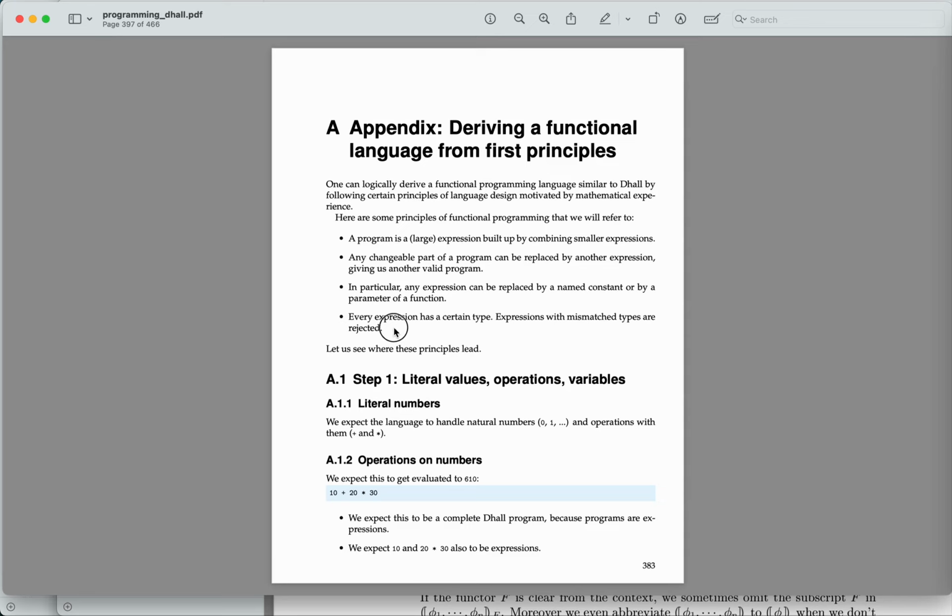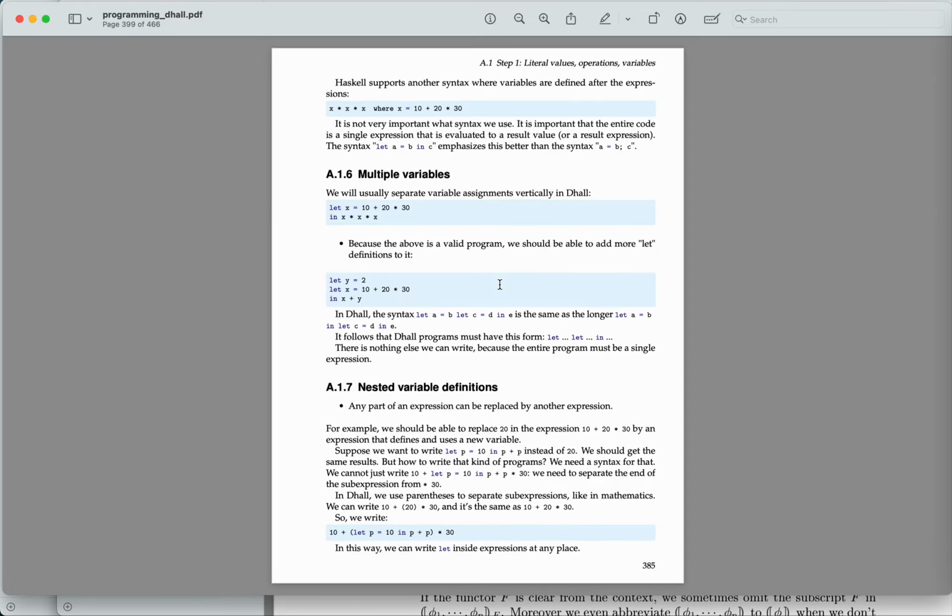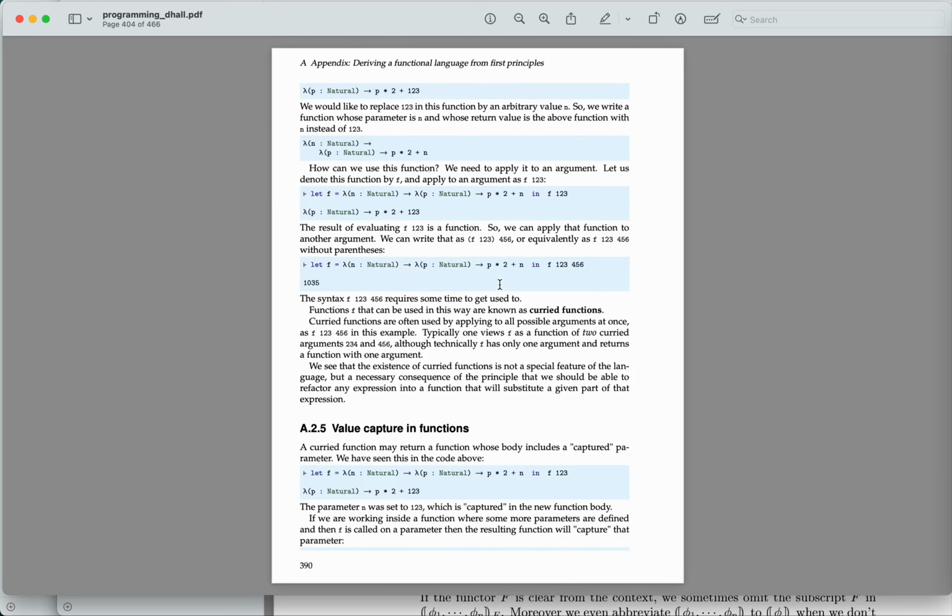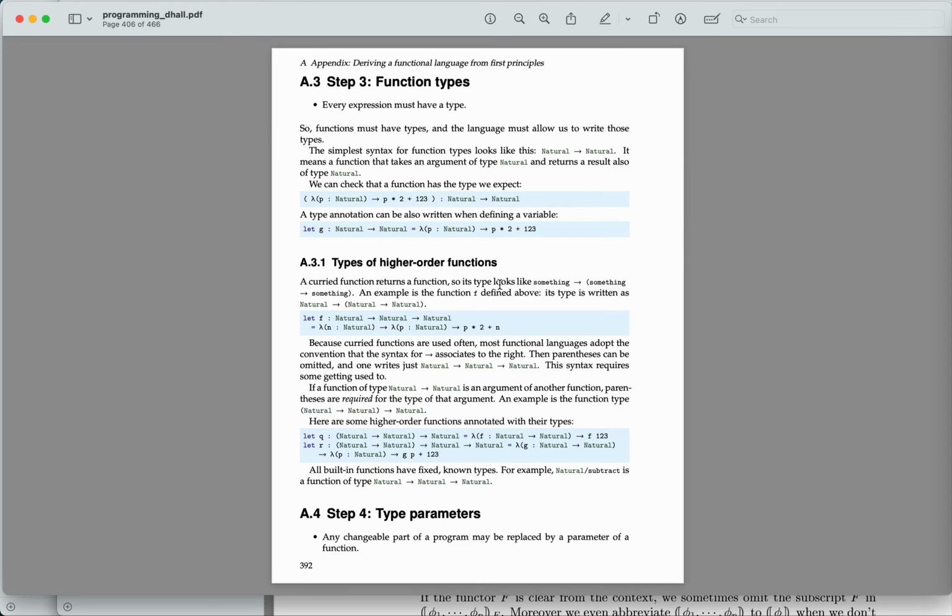And finally, every expression needs to have a certain fixed type, so the type must be known before evaluating the expression. And you need to reject expressions whose types you have determined to have a mismatch of any kind. So types must always match. And if you just go through and see where these principles lead, essentially you come up with system F omega.